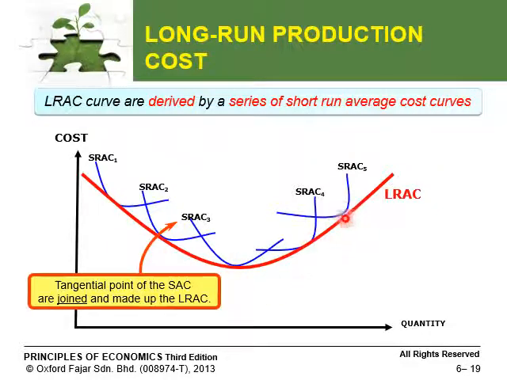As you can see, they only intersect with the lowest minimum point of every short run average cost. Then they form a large long run average cost for 5 months. We take 5 months as an example because of the combination of five short run average costs like this. This is how the long run average cost is formed.